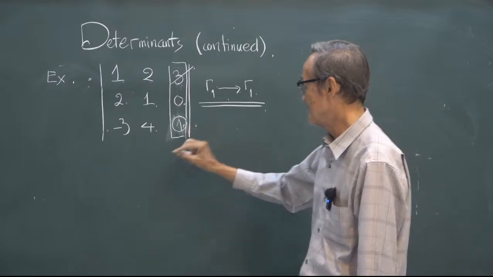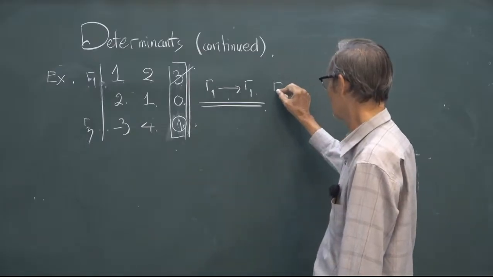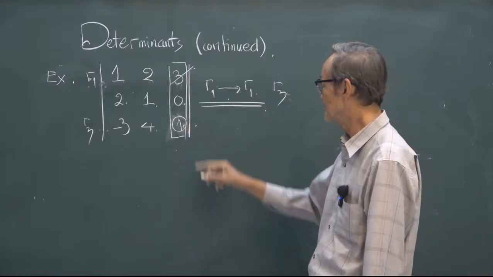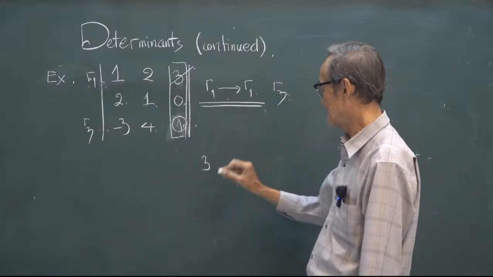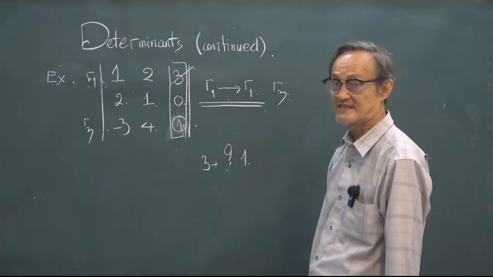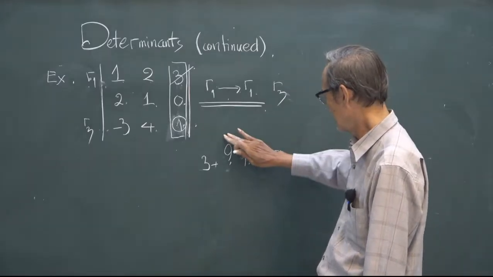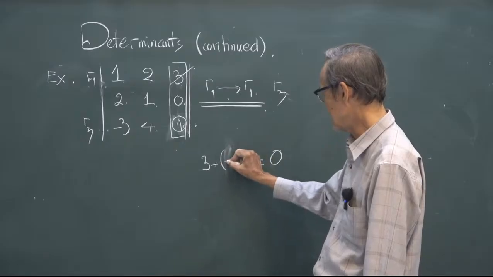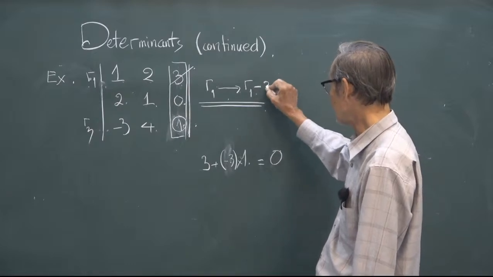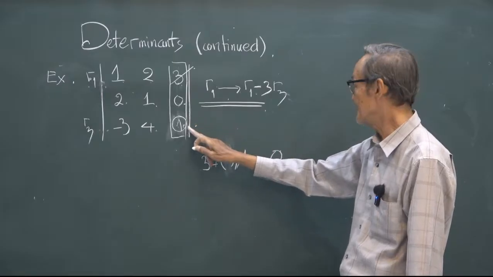We use row 3, which contains this number. 3, 1 plus what? I want 0 here, so this number is minus 3. Minus 3. 3 minus 3 of 1 is 0.